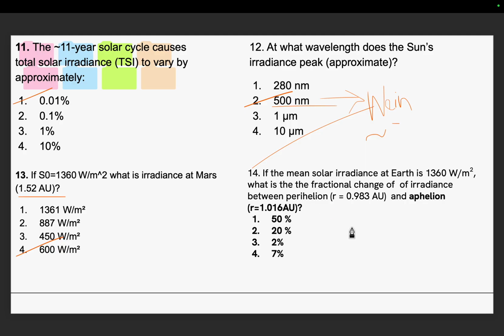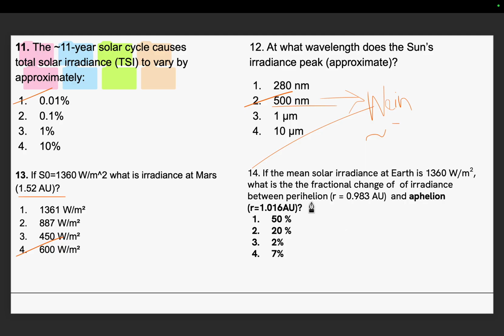And in question 14, the mean solar irradiance at Earth is 1360 watt per meter squared. What is the fractional change of irradiance between perihelion and aphelion, where perihelion is at a distance of about 0.983 AU and aphelion is at a distance of 1.016 AU?